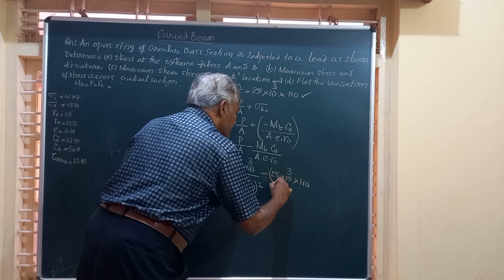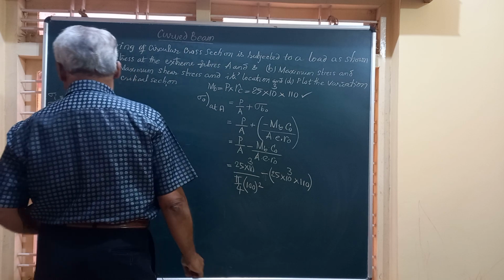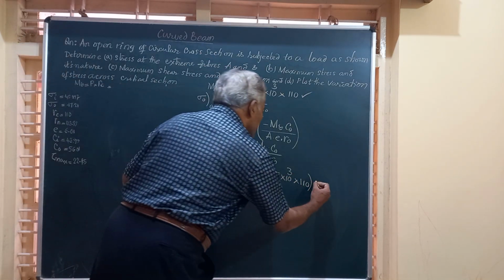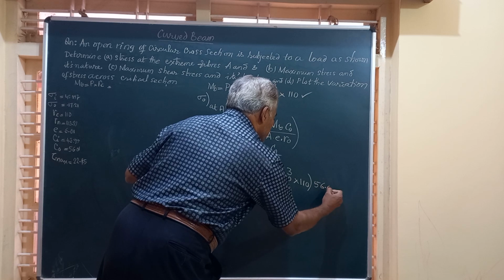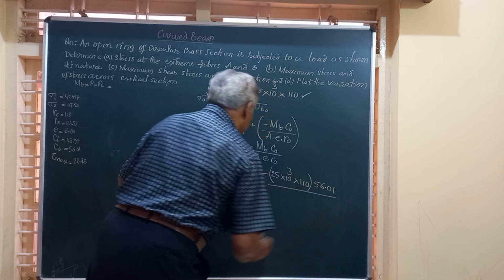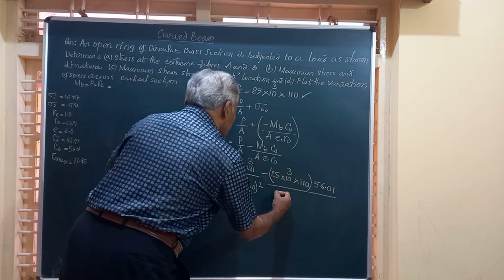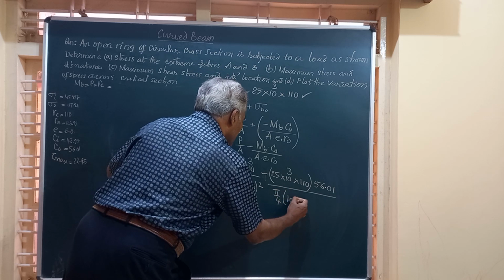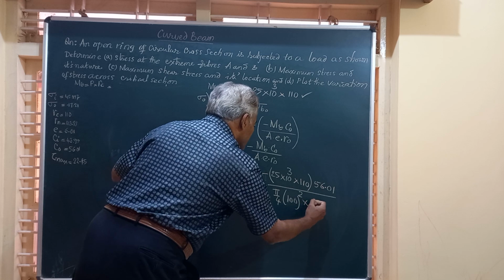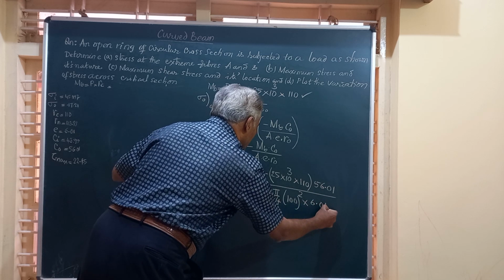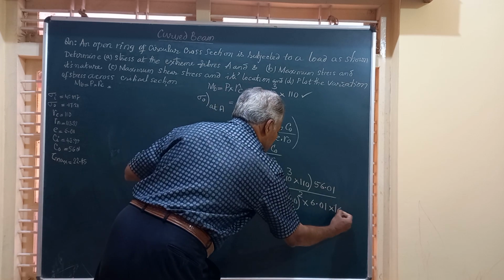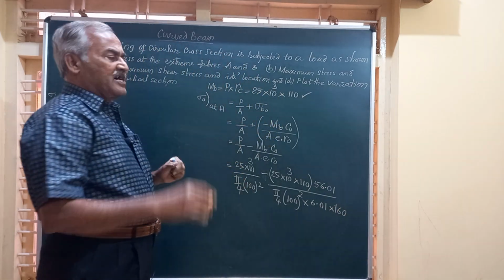C naught value is 56.01, divided by the value of A, pi by 4 into 100 square, E is 6.01 we have calculated, R naught is 60 plus 160, that is D plus RA.